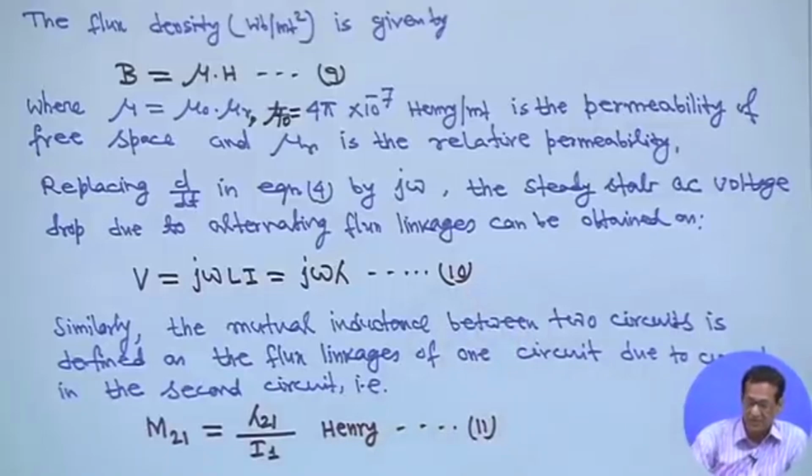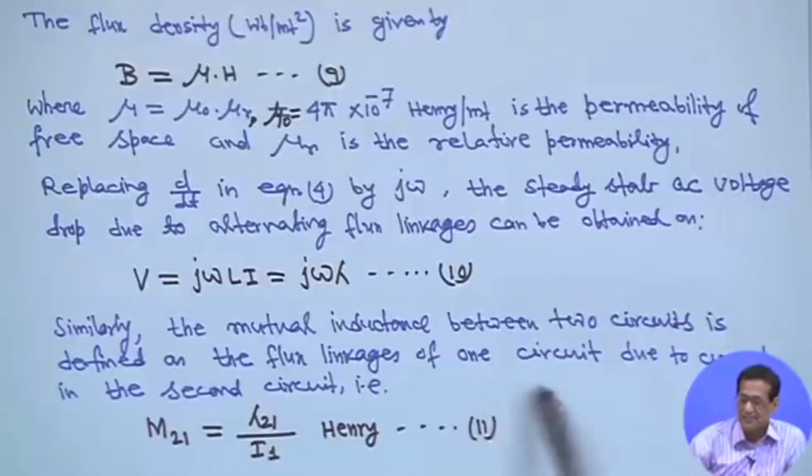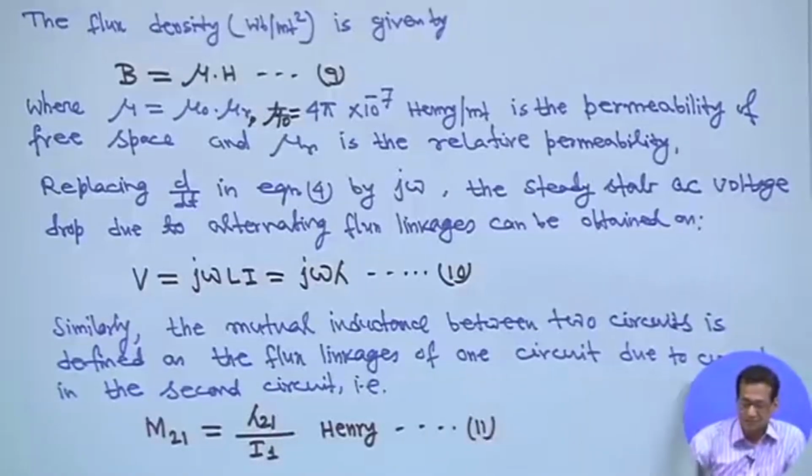Now, similarly, if you want to find the mutual inductance between two circuits, it is defined as the flux linkage of one circuit due to current in the second circuit. It is generally denoted M21.